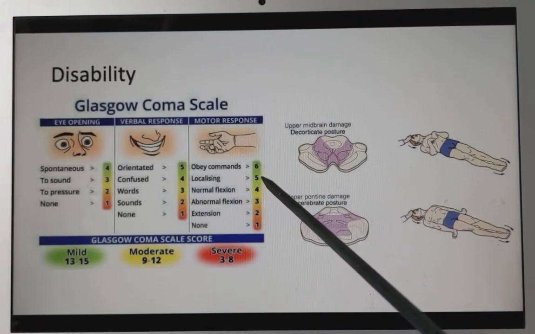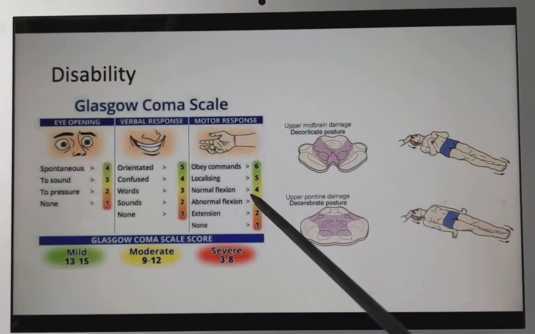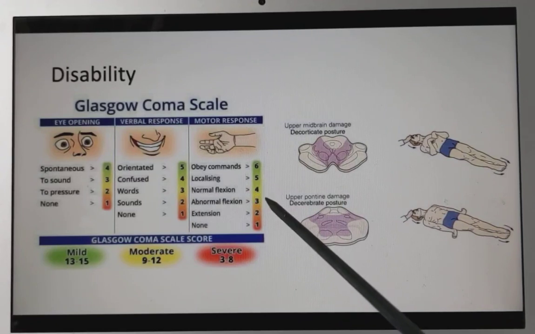If you apply any pressure or pain and they can localize, their hand reaches out to that point, that is a localizing sign. A normal flexion, or the response of the body to withdraw from a painful stimulus, is considered 4.